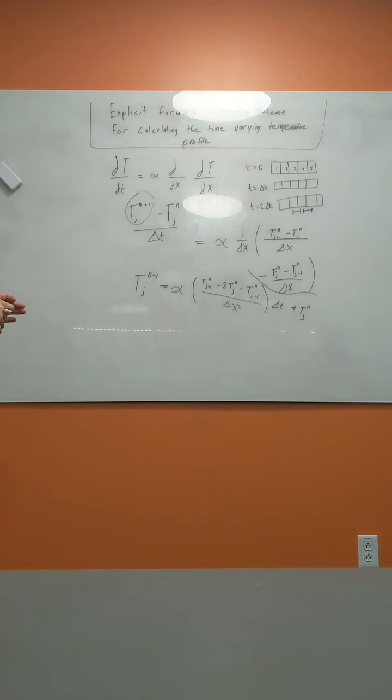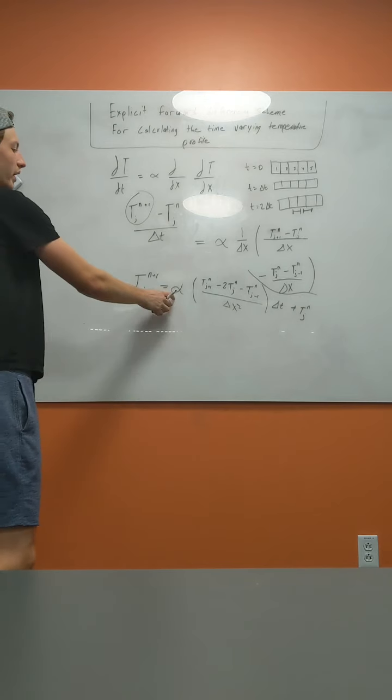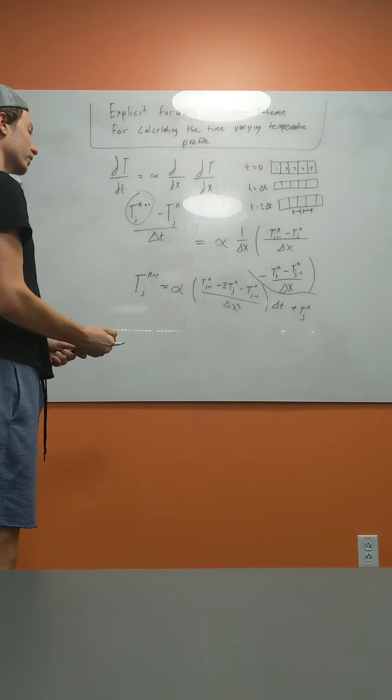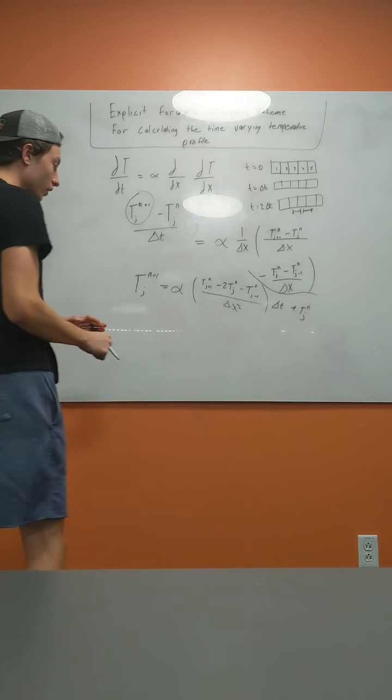For simplicity reasons, we can turn alpha change in time over change in x squared into a variable r.